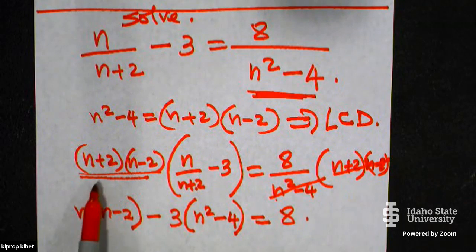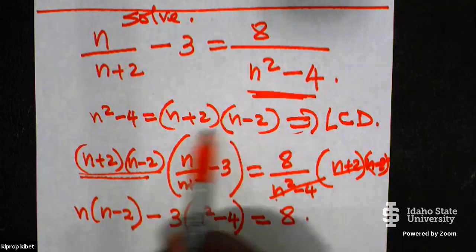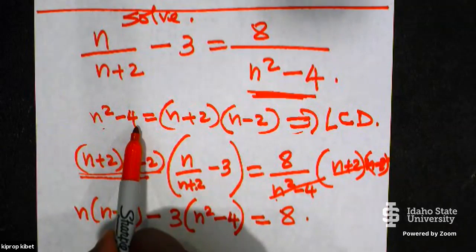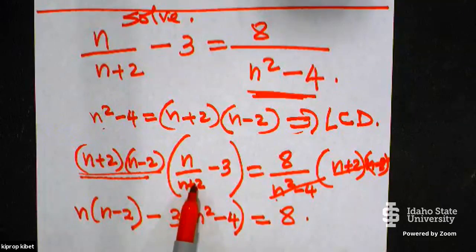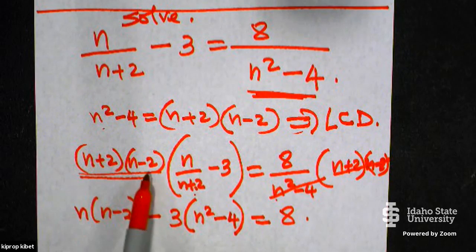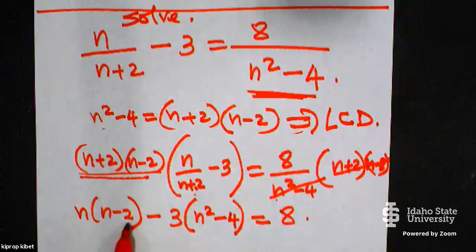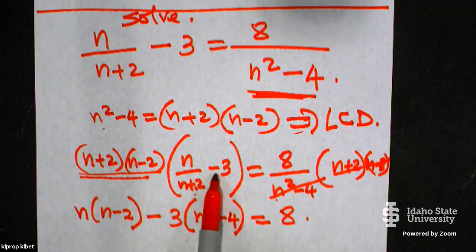Okay. So this n plus 2, n minus 2 is the same as n squared minus 4. So when you multiply by the first one here, n plus 2 will cancel with n plus 2 here. So you remain with n minus 2. So this n minus 2 you multiply by n here. So when you come to the next one, it is minus 3.